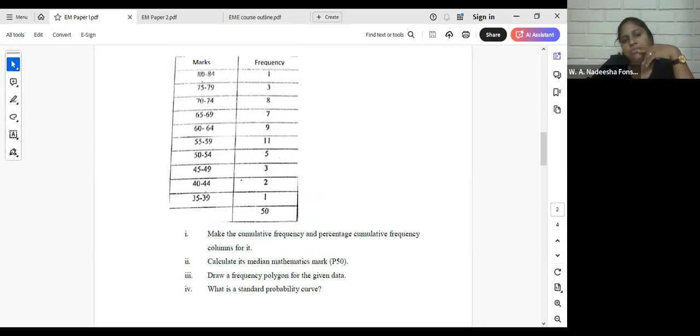And then the frequency line, it means the y-axis. Maximum number is 11.